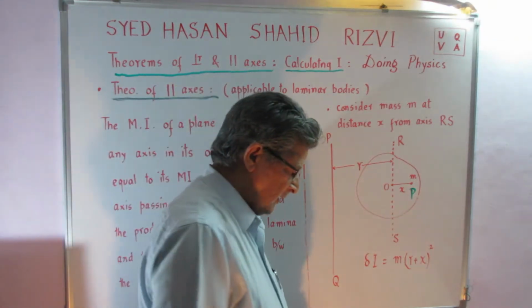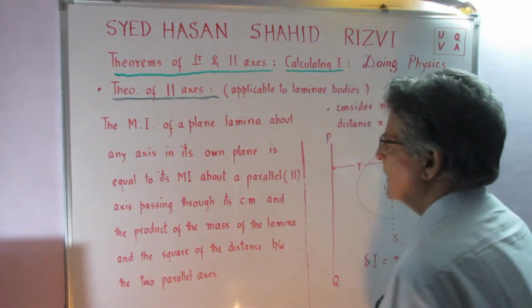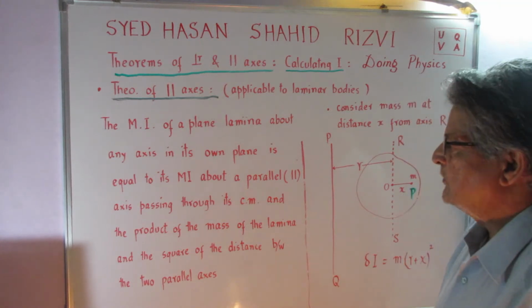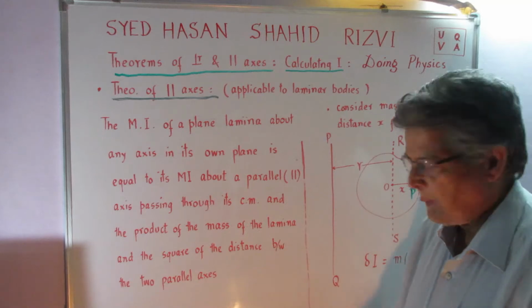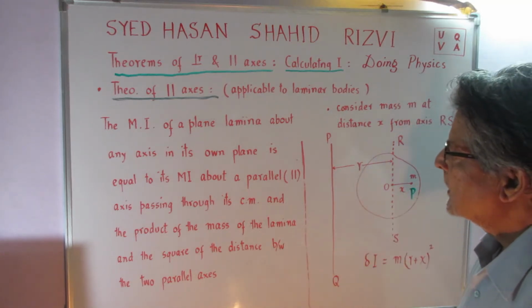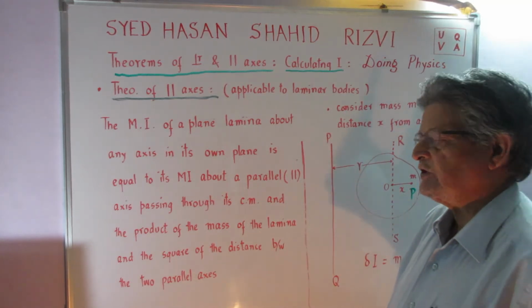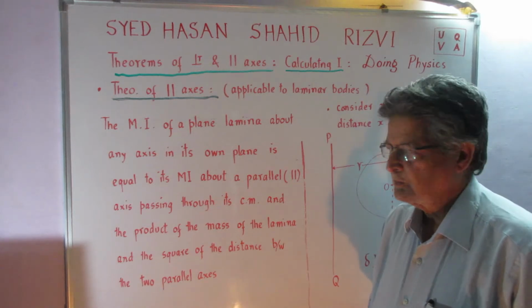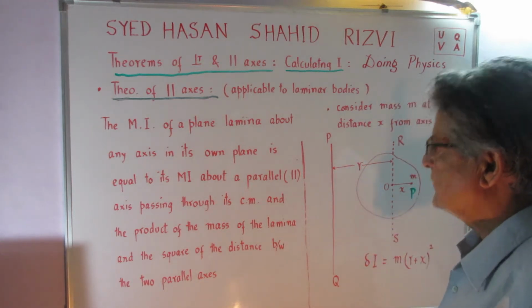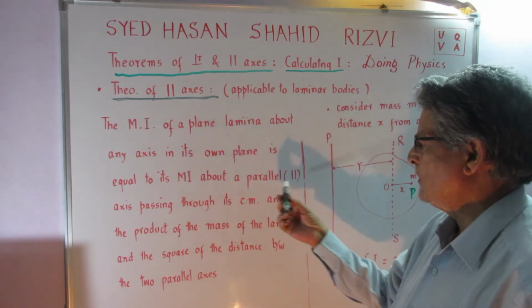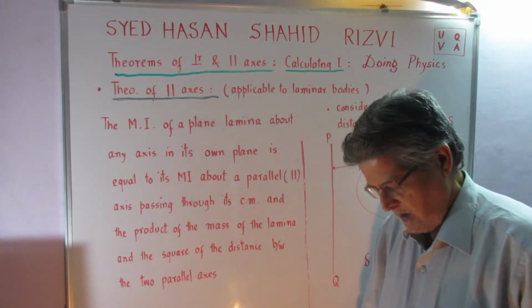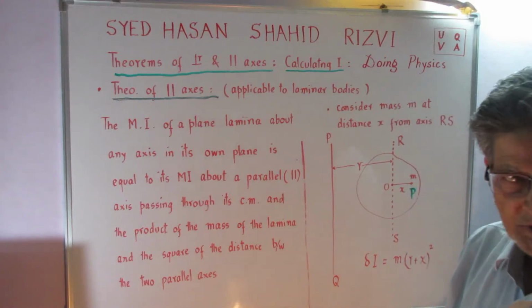So let me read the theorem for you. The theorem reads as follows. The moment of inertia of a plane lamina about any axis in its own plane is equal to its moment of inertia about a parallel axis passing through its center of mass.